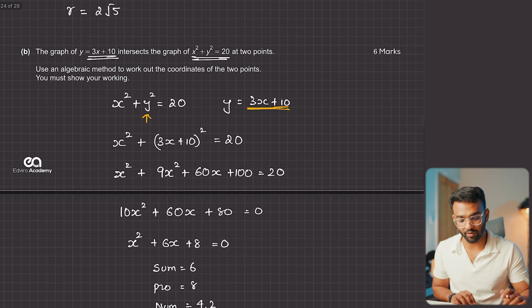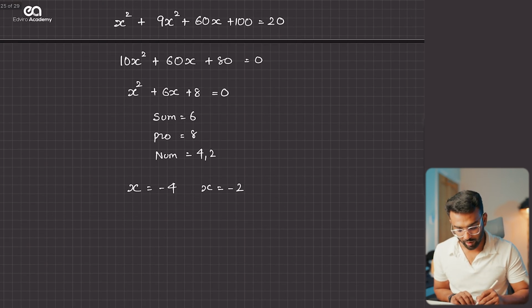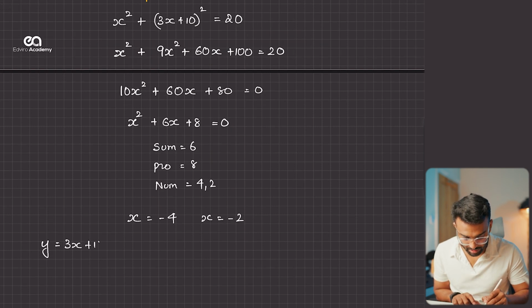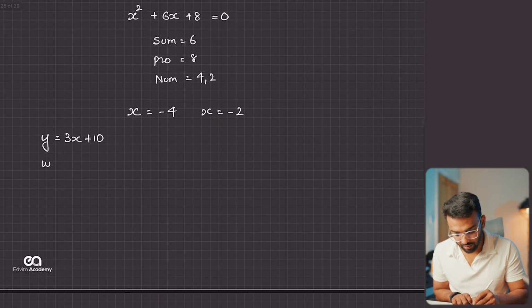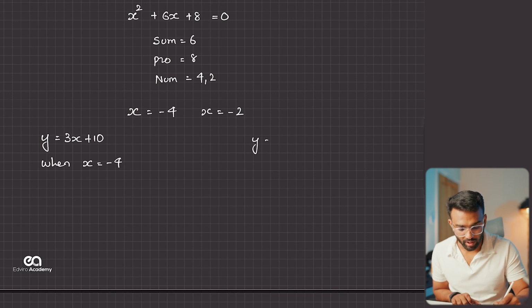We got to work out the value of y now. And the equation is y equals 3x plus 10. So we will do when x equals minus 4, and we're going to substitute when x is equal to minus 2.